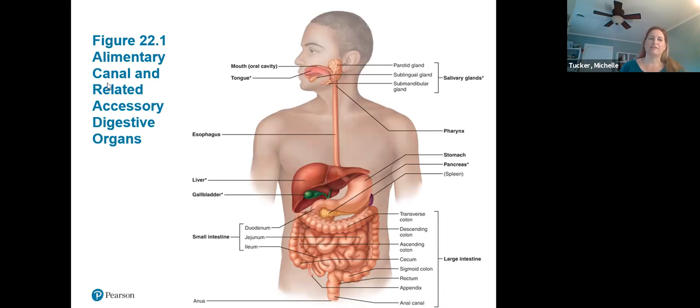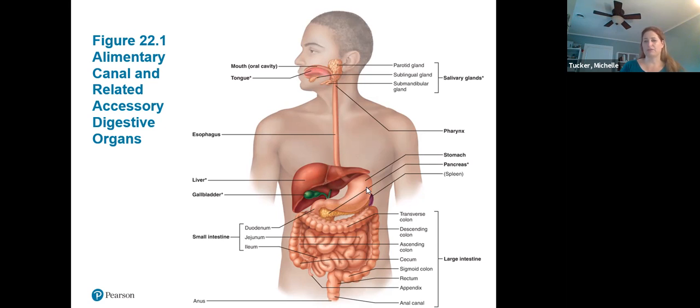This is a reference figure that you can go back to and reference as needed. It shows you the orientation between organs, and then the pathway that food would progress through the organs. I will start with the mouth and the oral cavity and talk about salivary glands, the esophagus.